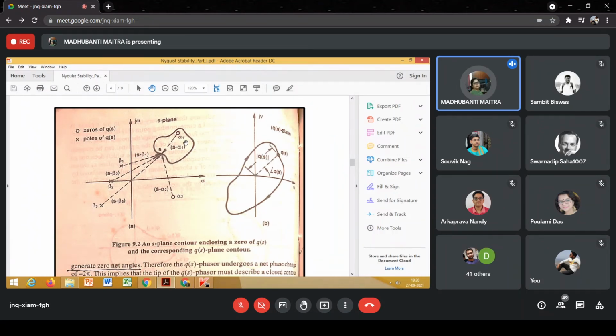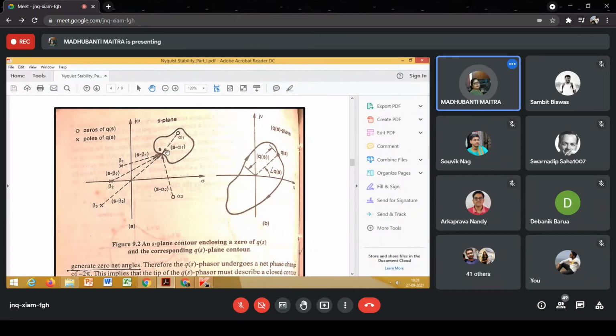So the S-plane contour is now enclosing one pole of the given Q(S). Only one single pole of the given Q(S). Again, we'll traverse along this S-plane contour in clockwise direction.